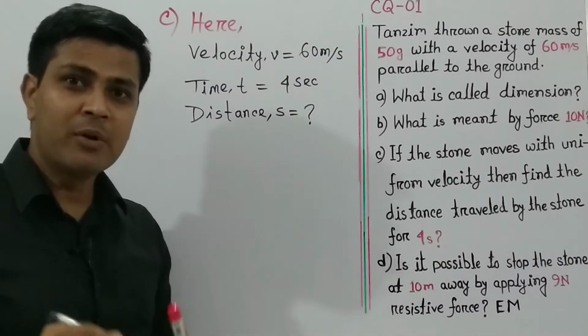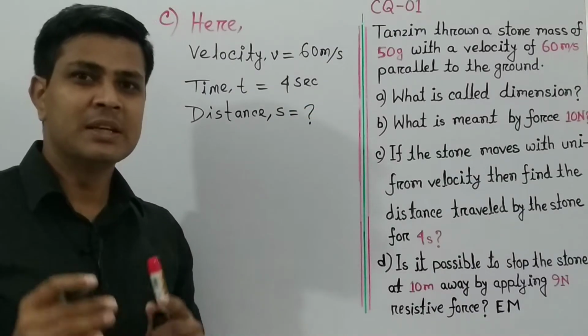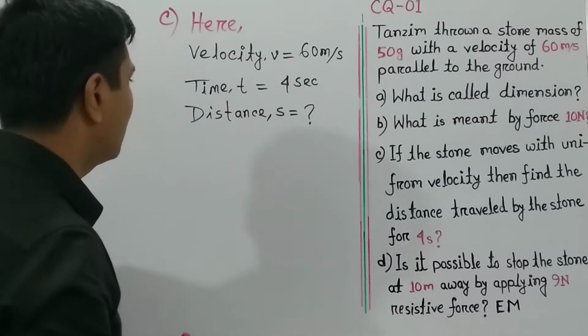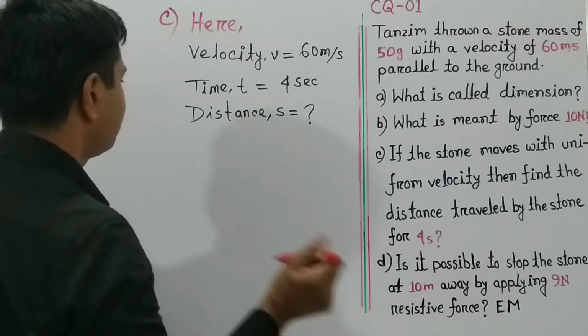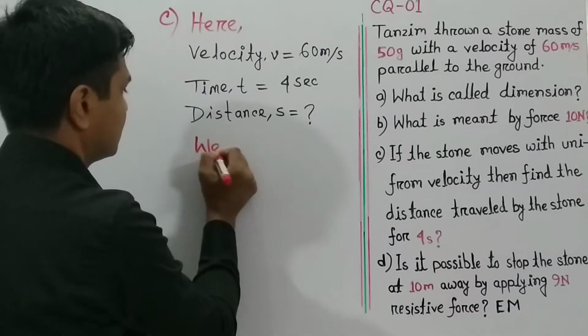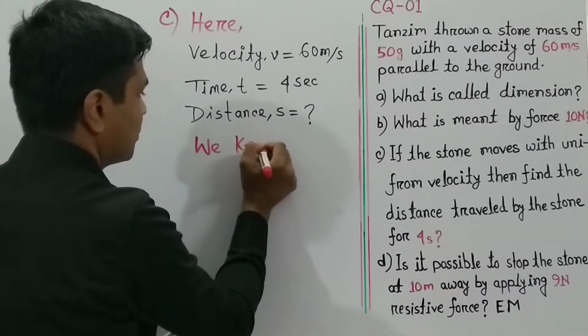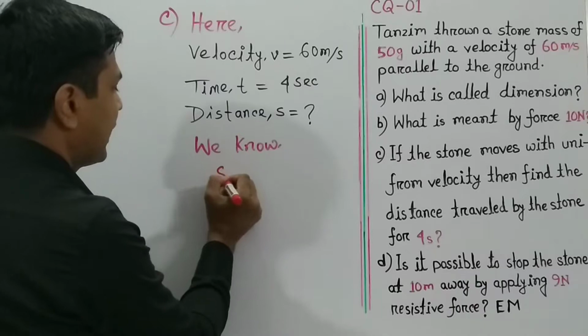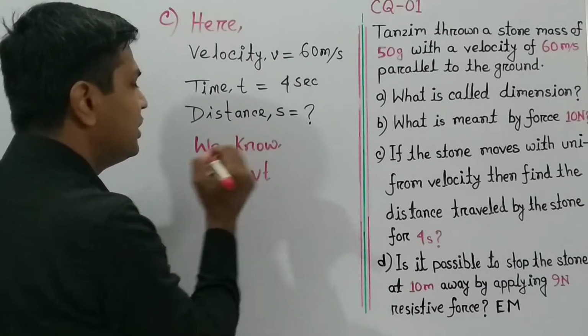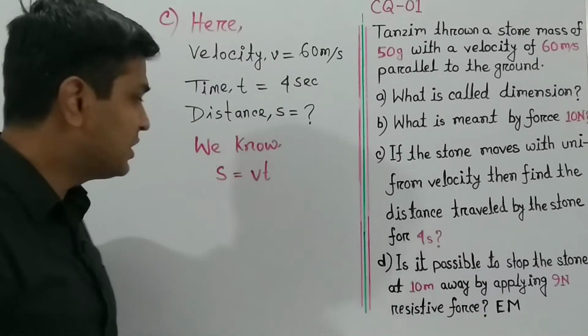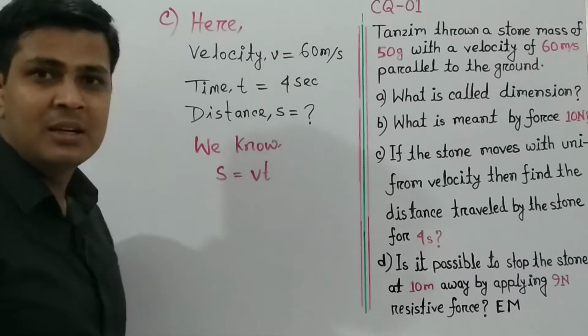We know if a body moves with uniform velocity, then to calculate the distance we have a formula, which is s equals vt. Here velocity and time are given in the stem.